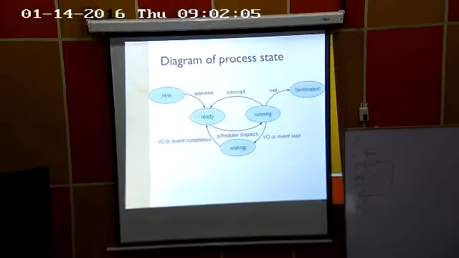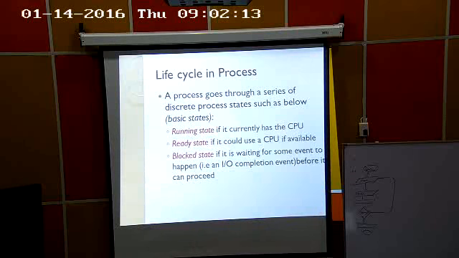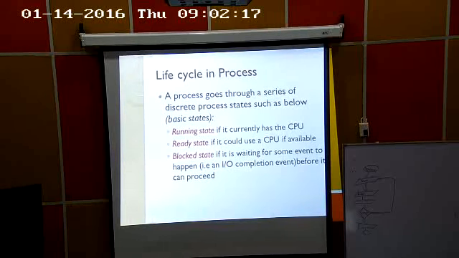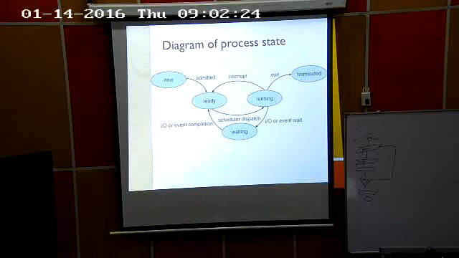Okay. For this whole processor state, you can highlight three important states: running, ready or block. We have the states as in new, waiting and terminated.